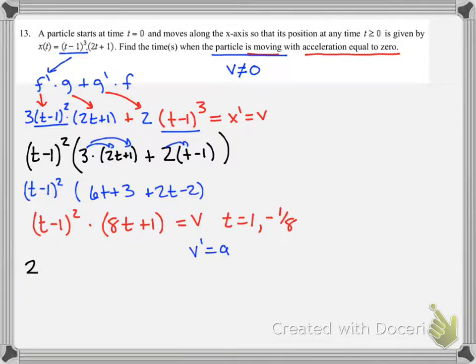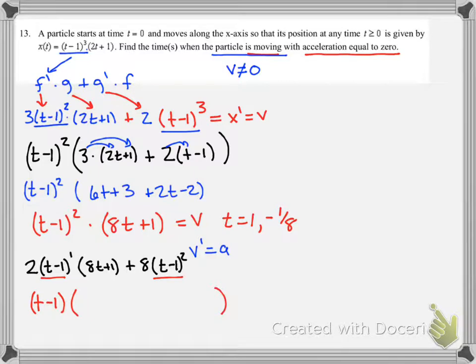Here I'm going to have 2 times (t minus 1) to the first times (8t plus 1), plus the derivative of the second, which is 8, times (t minus 1) squared. Now I'll see that there's a (t minus 1) in both terms. So what's left in the first term is 2 times (8t plus 1), and what's left in the second term is an 8 times a (t minus 1).